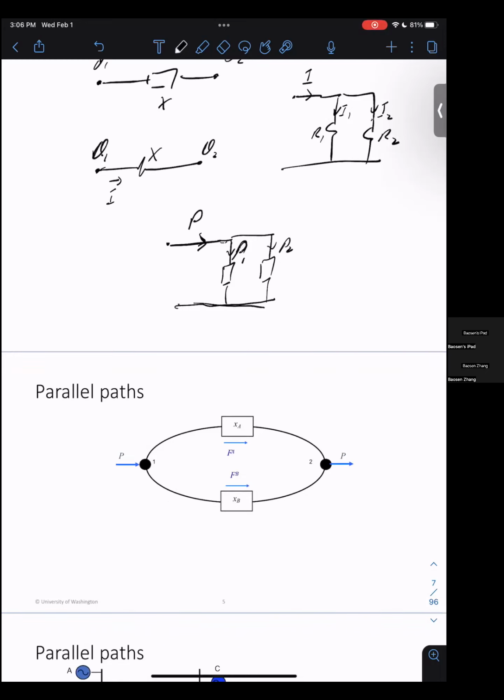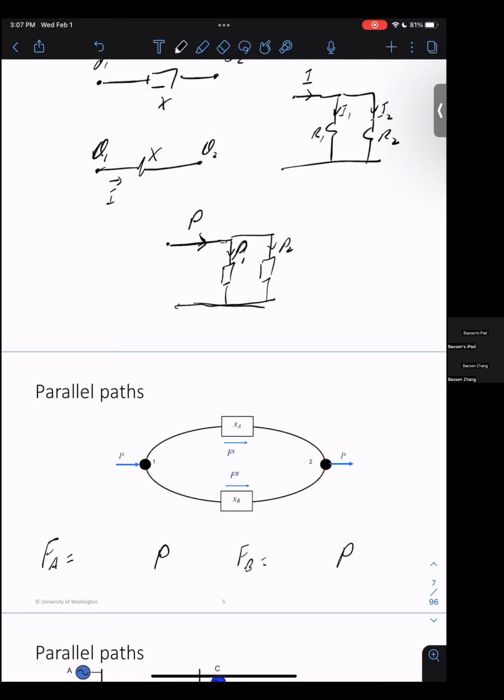For this, does anybody remember the exact formula of the divider? How much goes on top, how much goes on bottom for the division? What is the ratio? I have some P, something times P, so I'm sending P over the two lines, with reactances XA and XB. Anyone remember the formula?